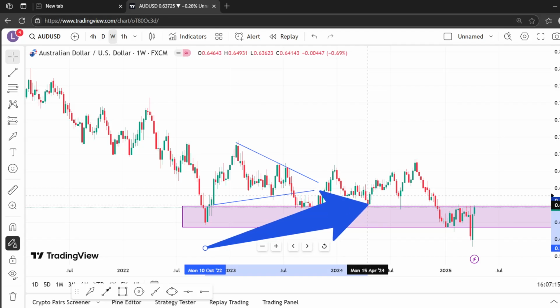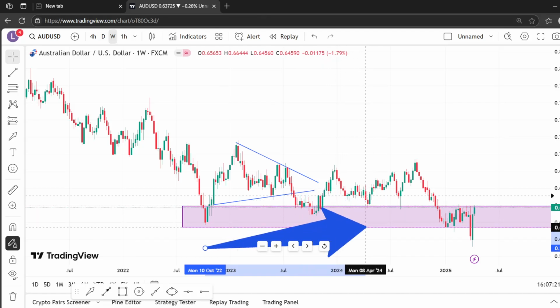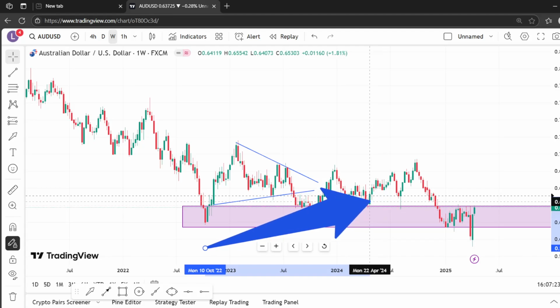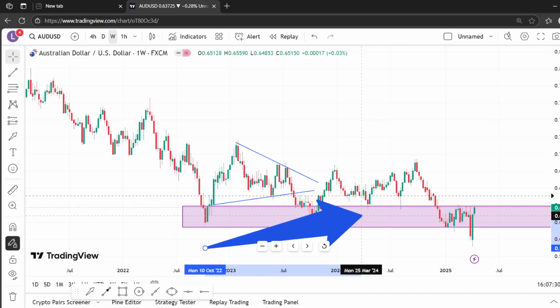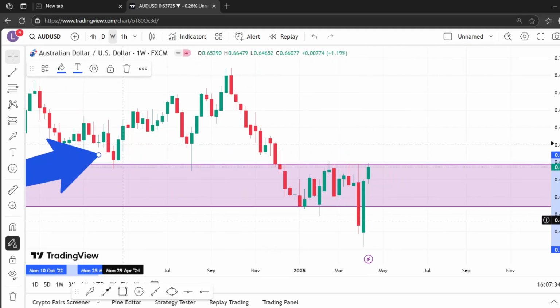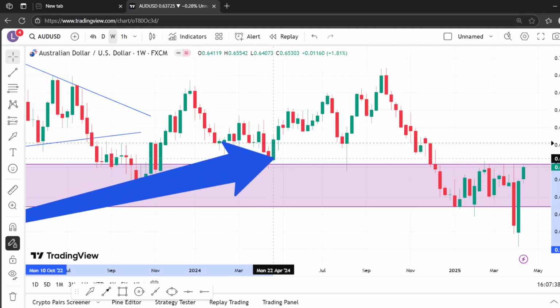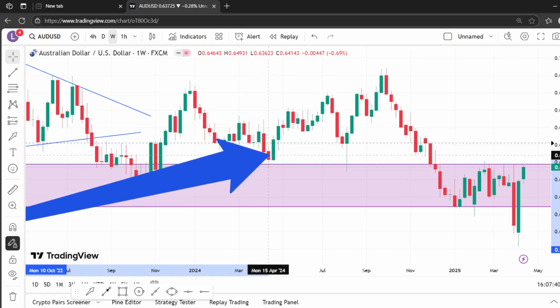If you're support and resistance traders, this is where you'll be taking long at the rejection of the level. If you go long there, what would the stop loss be? Stops are going to be below the zone again. And if you trade the candlestick patterns, then this is an engulfing candle. We engulf the previous day candle, or the previous week candle in this instance because this is a weekly time frame.